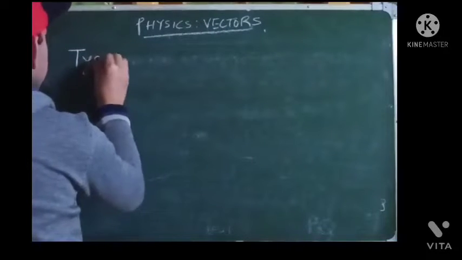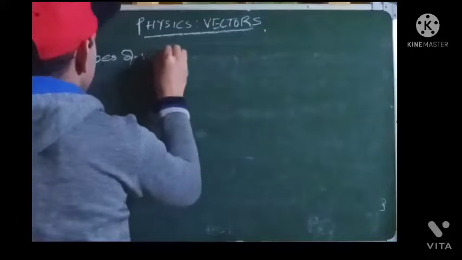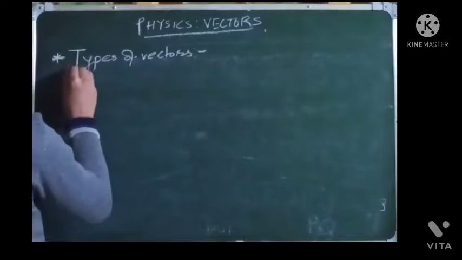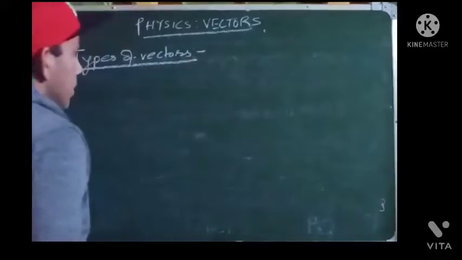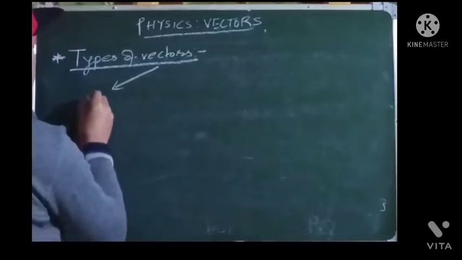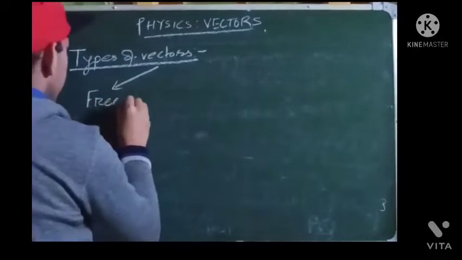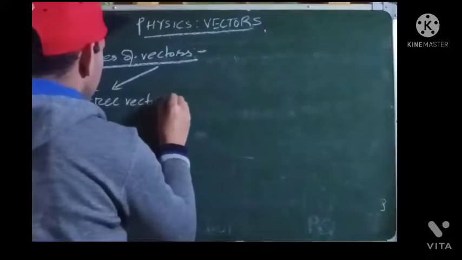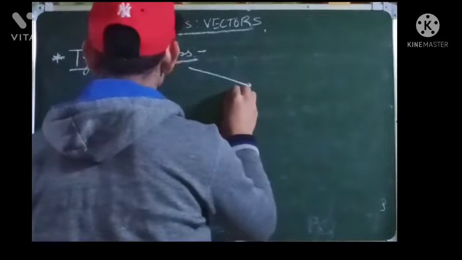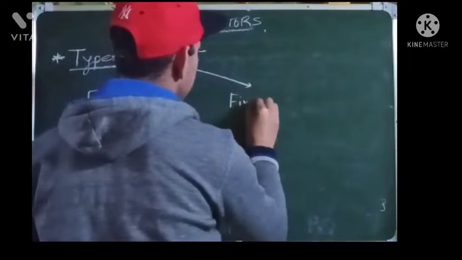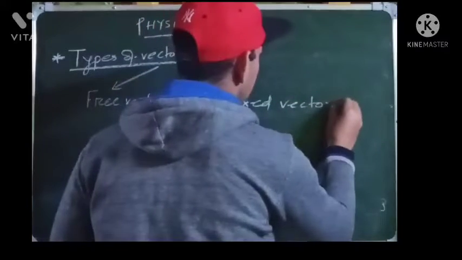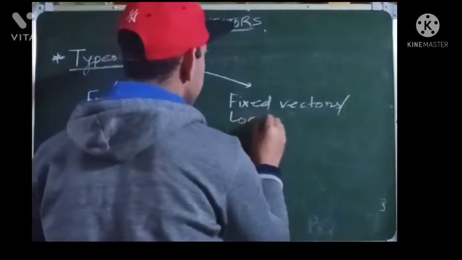Now, types of vectors. Basically, you can divide vectors into two types. The first one is free vectors. And the second category is fixed vectors, or localized vectors.